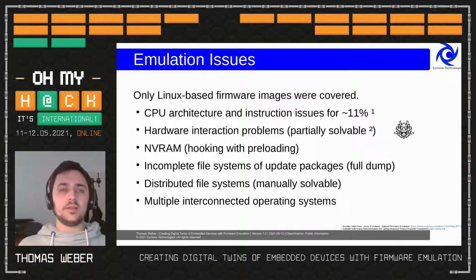And other issues are hardware interaction problems. So sometimes you have web servers which are a bit modified and access directly a hardware endpoint in the proc file system. And yeah, for that it's also a bit problematic, but you have a solution for that.